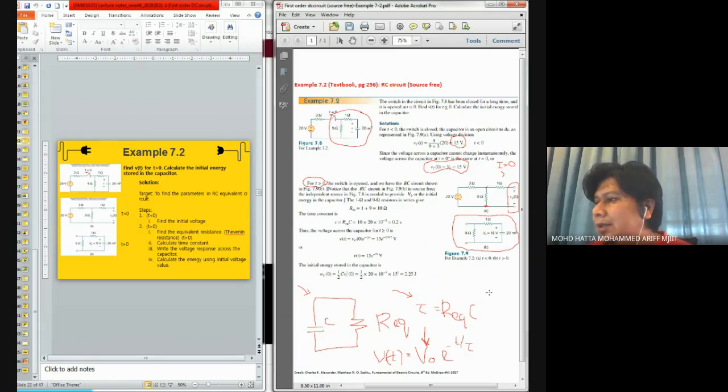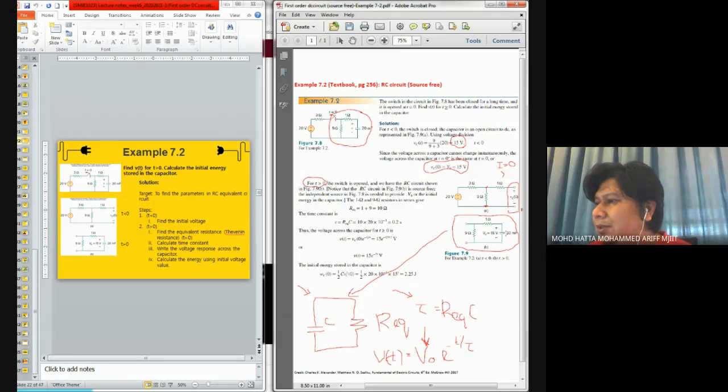If you compare this circuit and this circuit, you try to find the equivalent resistor over here.